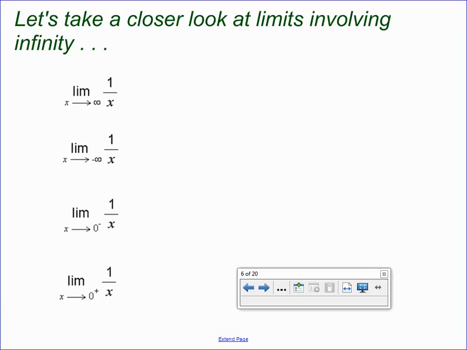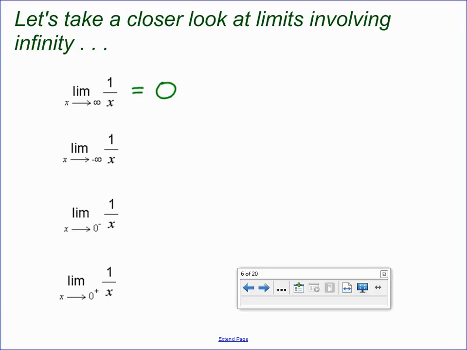If x gets larger and larger and larger, and the top of my fraction remains fixed at a constant, in this case 1, what's the overall value of the fraction doing? Well, 1 over 1,000, 1 over 10,000, 1 million, 1 billion. What's happening to the overall value of the fraction? It's shrinking. And so as x goes to infinity, 1 over x goes to 0. And we need to know that because that will be useful throughout the year. This limit does exist and it equals 0.